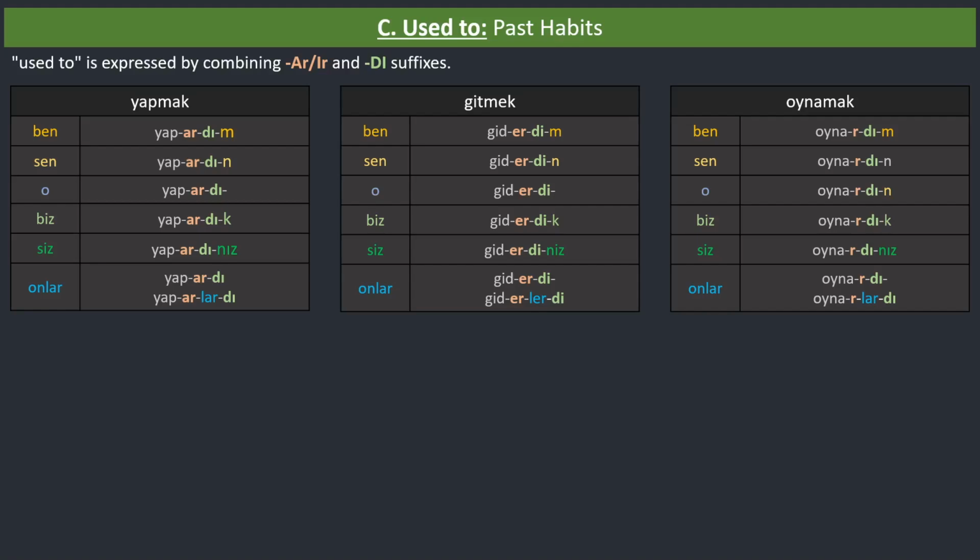I separate the suffixes and gave them different colors, so you can see all the things separately. Sometimes the colors are too similar, but you should still see the combination. First I have the verb root, then the r aorist, then the past tense, and then the personal marker.